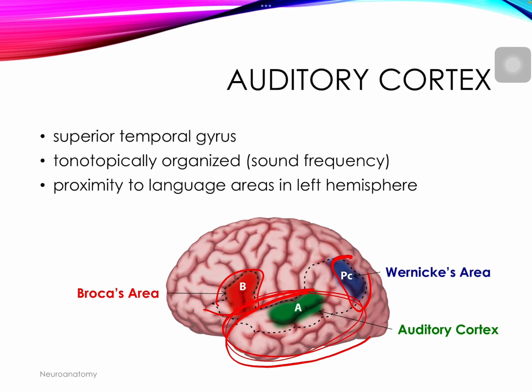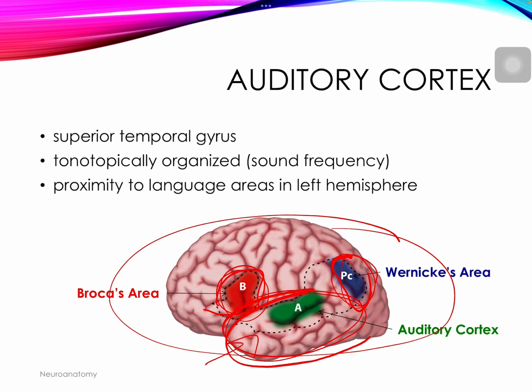But this area is really important for information coming in through the ears and processing that into a language our brain understands. And then these areas are really important for language specifically. What's really interesting is that this is one of the few things that's isolated to a particular hemisphere. A lot of these language areas are confined to the left hemisphere.